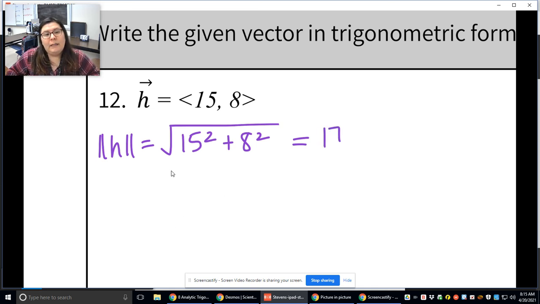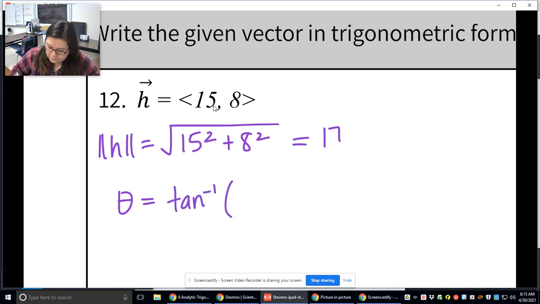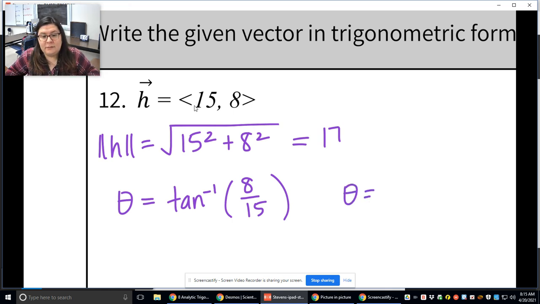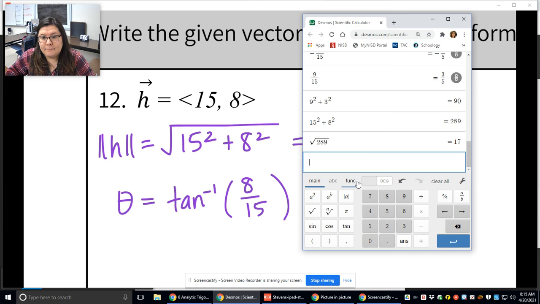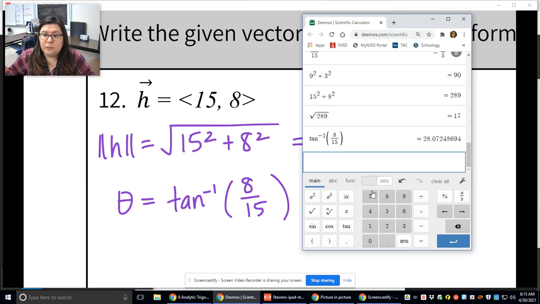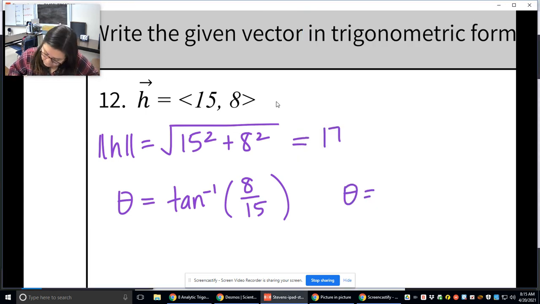Cool. Now I want to find theta. So I want to find the angle of this vector. This is in your notes, but the formula is tan inverse of y over x. So for this, 8 over 15. Okay, so let's put that in the calculator and let's see what we get. 28.1, let's say, because 0.7 rounds to 1. 28.1.